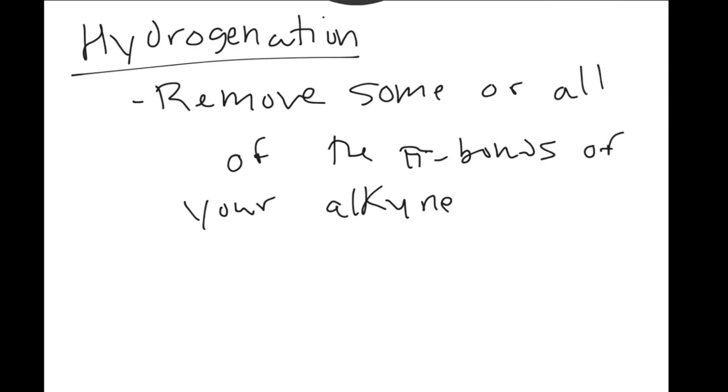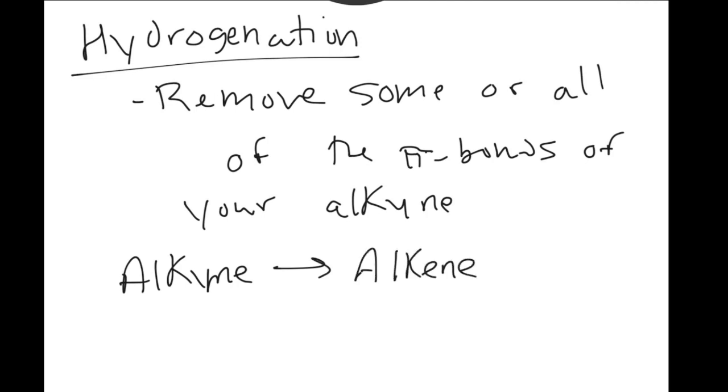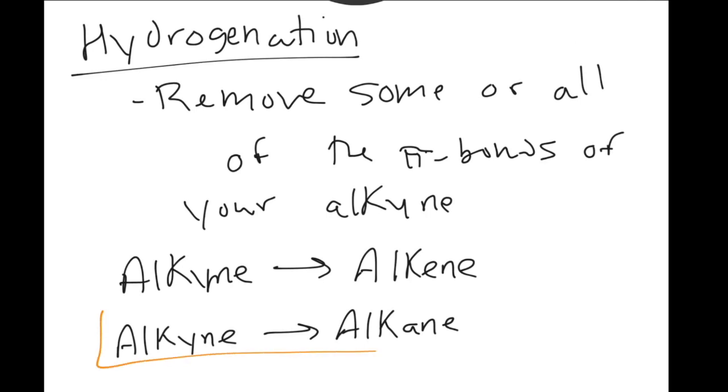So you can go from alkyne to alkene with one set of reagents, or you can go alkyne all the way to alkane with another set of reagents. The easiest is when you just take all the pi bonds away. So we're going to start with this. We're talking about going from alkynes to alkanes.